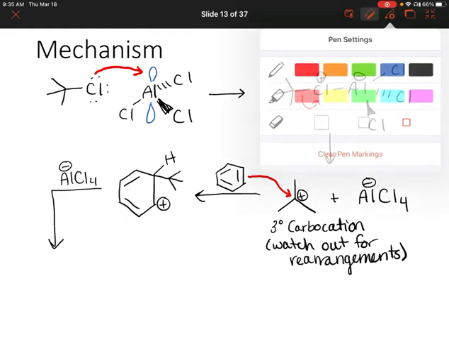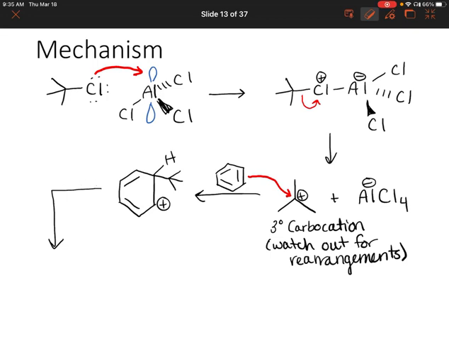And actually, I'm going to draw this aluminum tetrachloride slightly differently just to show what's going on here. So the chlorine, that extra chlorine, is going to grab onto that proton. We'll leave the shared electrons behind to reform our benzene ring.